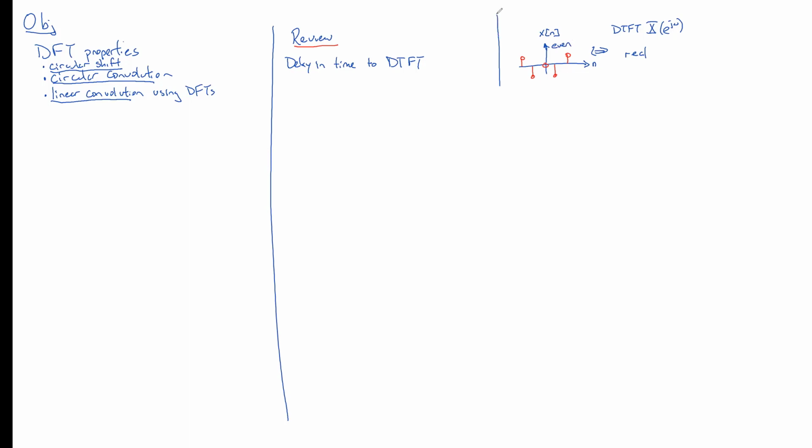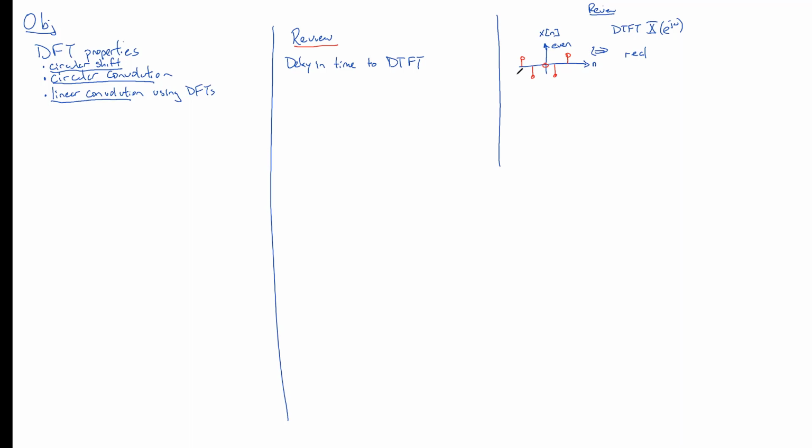So here's a quick review on symmetry. Now, Jeremiah, the difficulty with DFTs is that the DTFT is hand calculated, so we can have x of n's that have both positive indices and negative indices.